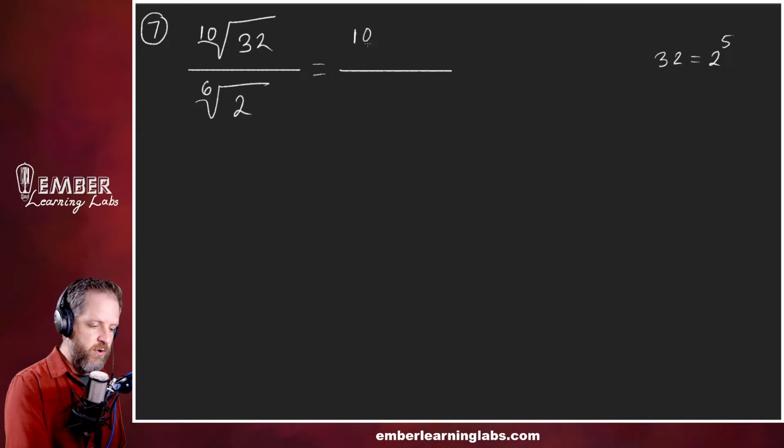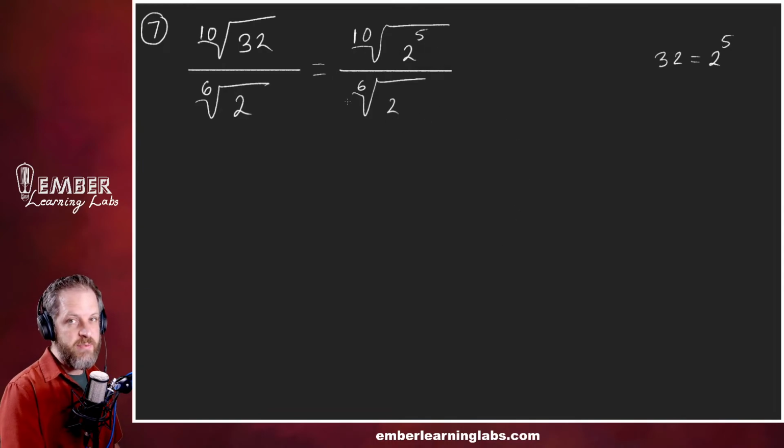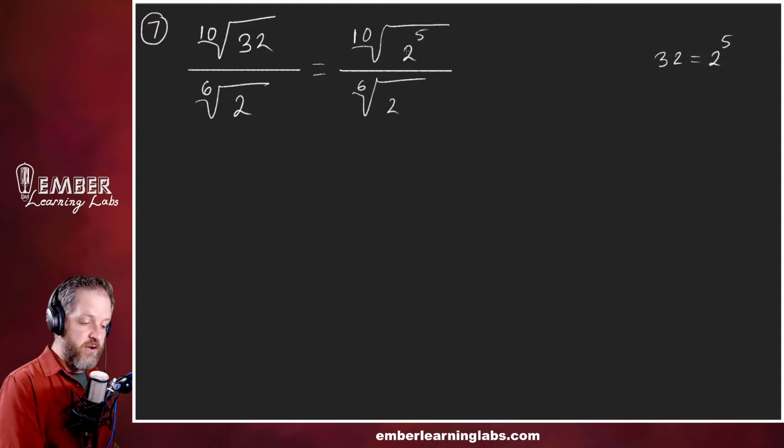So the 10th root of 2 to the 5th over the 6th root of 2. Now, we need to clean this up a little bit more, because now that we've got like bases, we can use our exponent rules. Let's deal with this first.